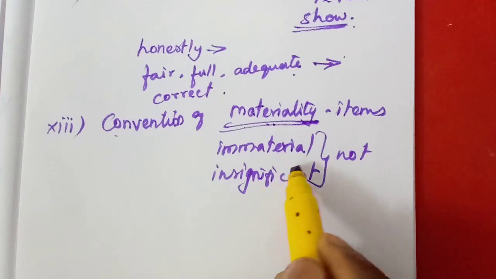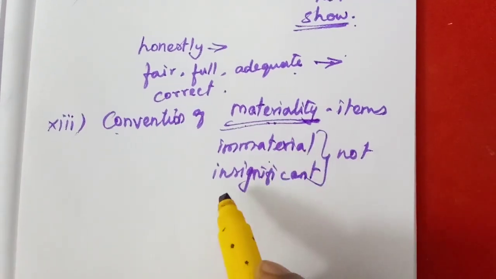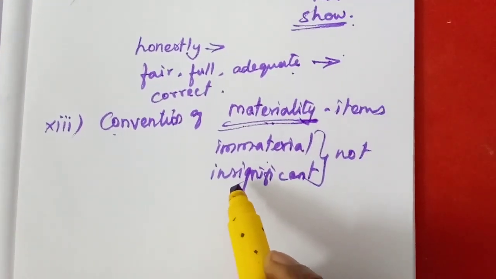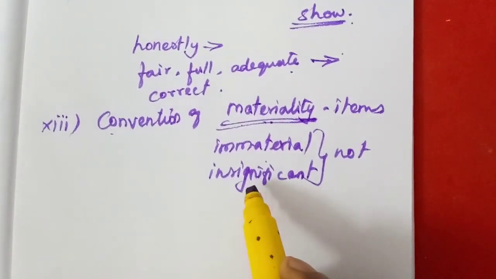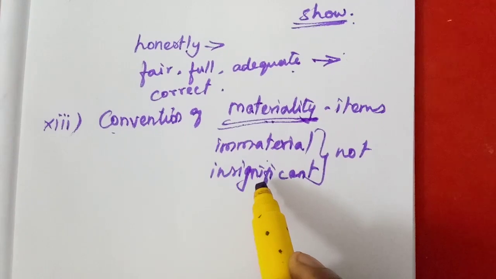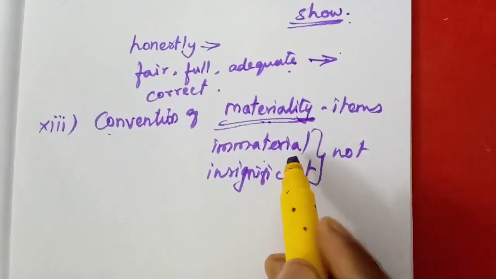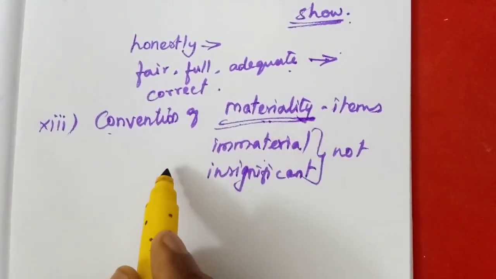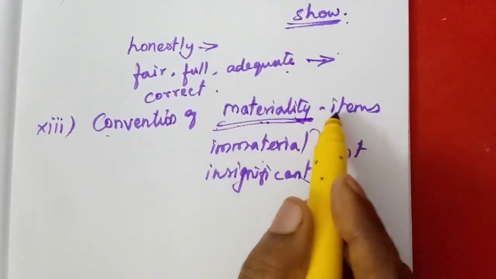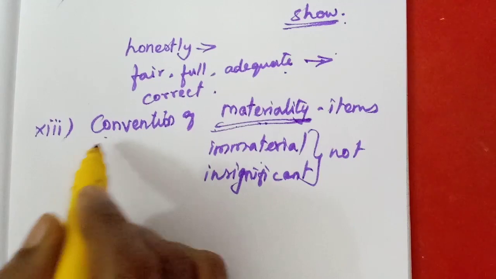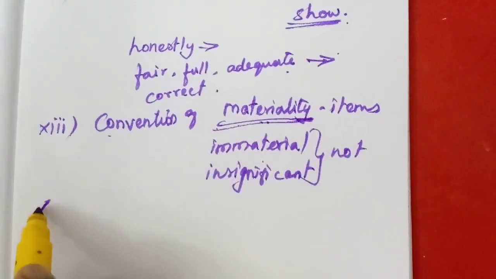For another organization, the same item may be immaterial. So that depends upon the nature or size of the organization. It may vary, but all the material items must be revealed in the books of accounts. That is called convention of materiality.